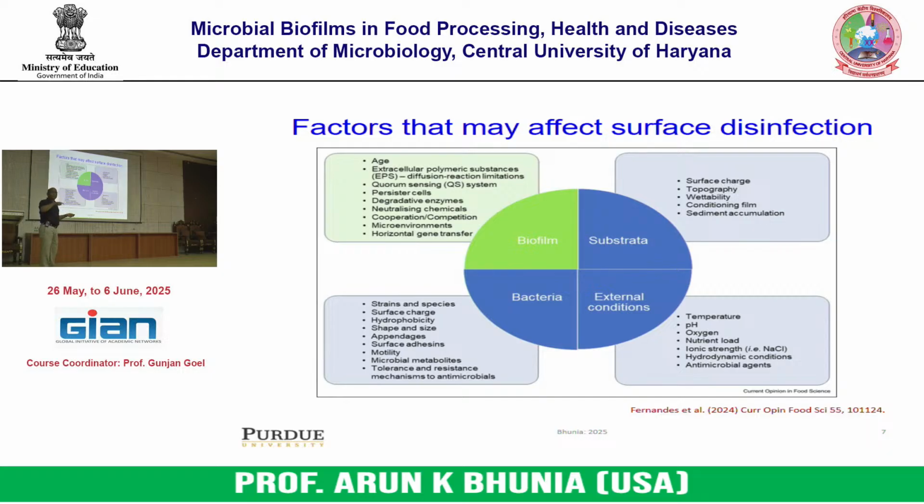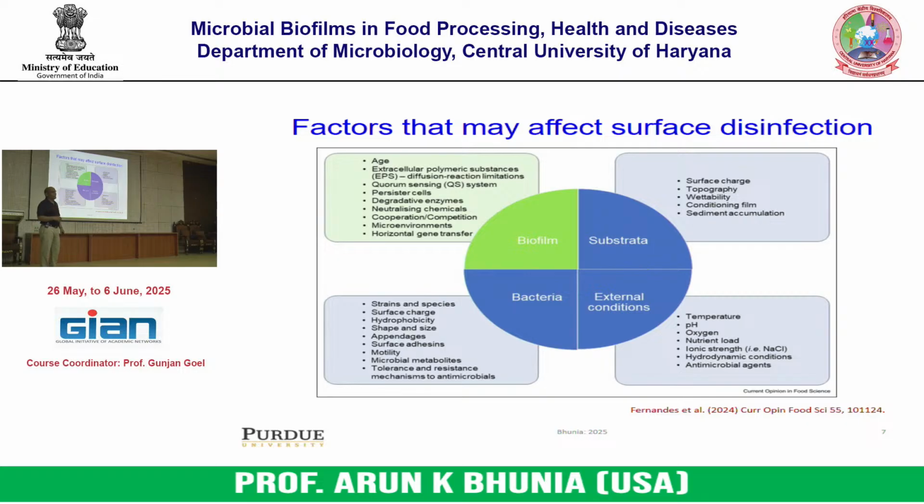Everybody following me? So these are 4 factors. Within the factors, you can see, read it carefully, how much EPS molecules are produced. Is the quorum sensing active? Persister cells. If you have persister cells, they may not uptake any of this disinfectant or antimicrobial. I know you cannot read this. Can you read this from the back? Very rarely, right? Unless you have very good eyesight. I feel bad when the slides are small, I never like that, but these actually came from a paper, so I couldn't do anything.